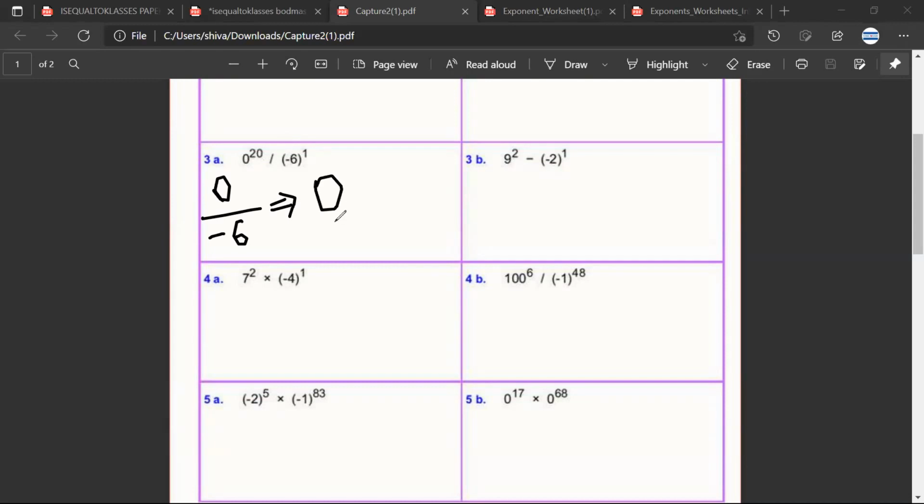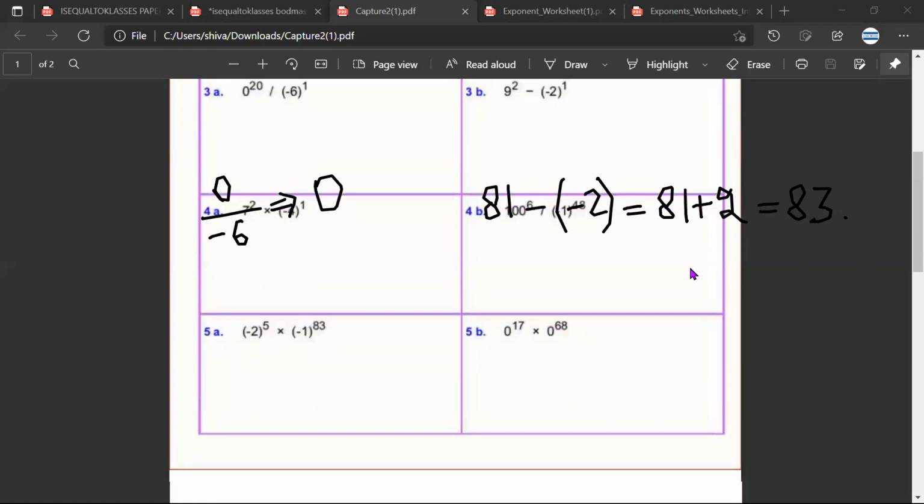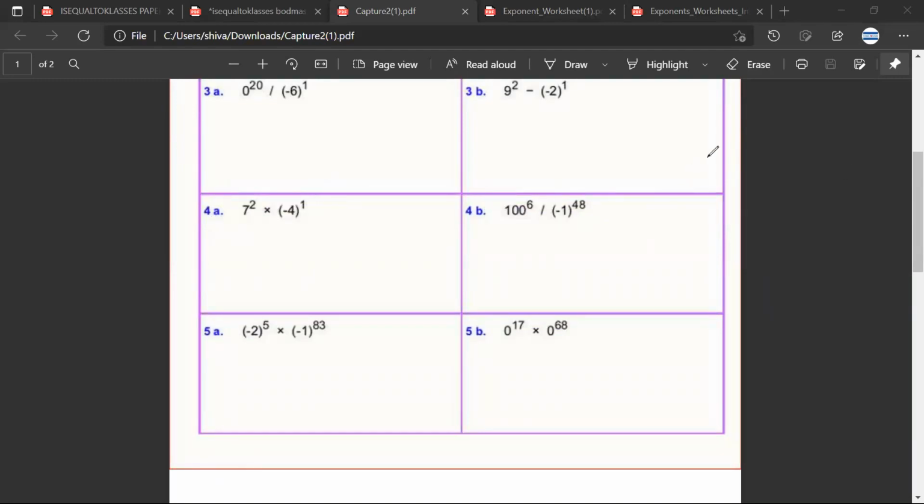Third B. 81 minus 2. 83. Sarthak, any doubt? No, sir. Fourth A. So, yeah. 14 into minus 4.